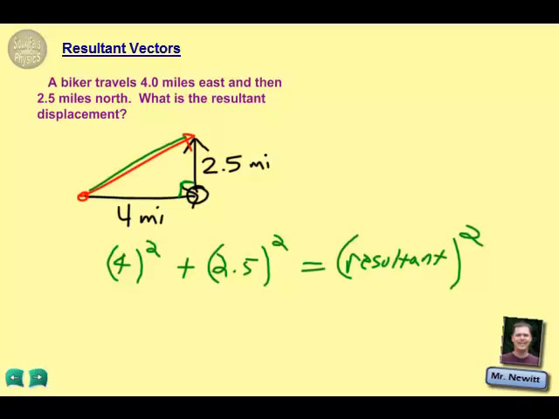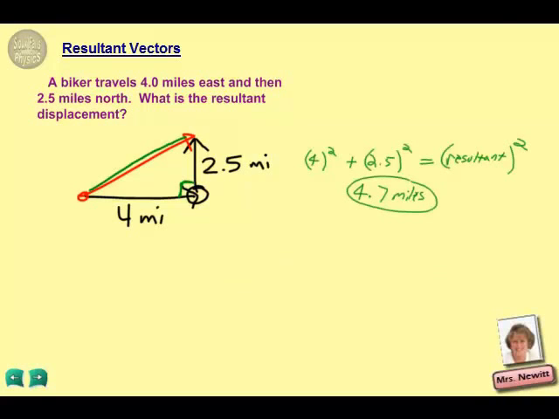And so then doing the math for that, the answer I will end up getting for my resultant is 4.7 miles.